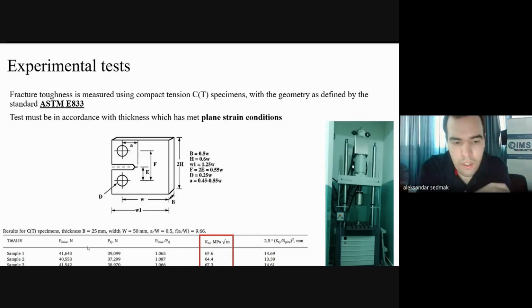To point out, all the specimens considered must meet the plane strain condition in order for the testing to be valid, which with CT specimens on a high frequency resonant testing machine, we acquire fracture toughness values. In one previous research we did, we tested 3 samples and used the average value for fracture toughness and used it for the next step.